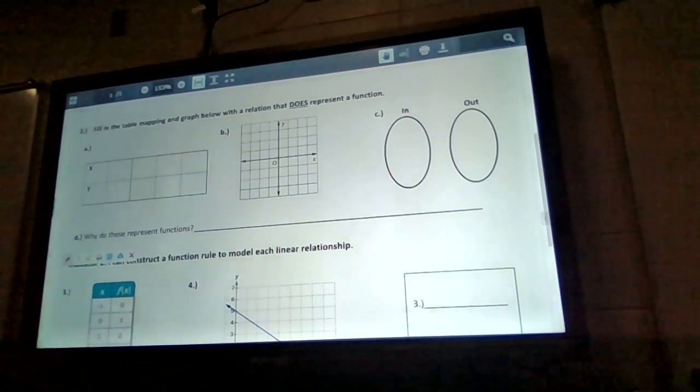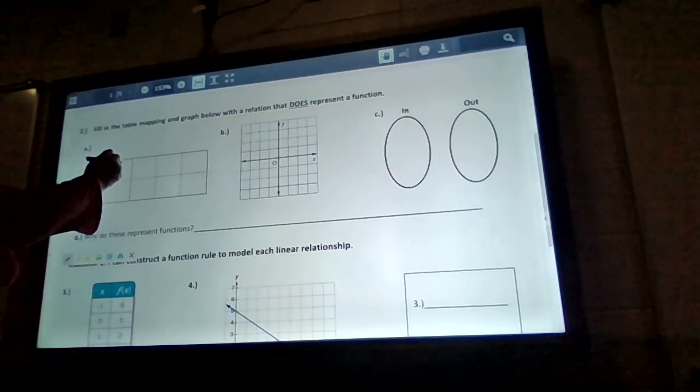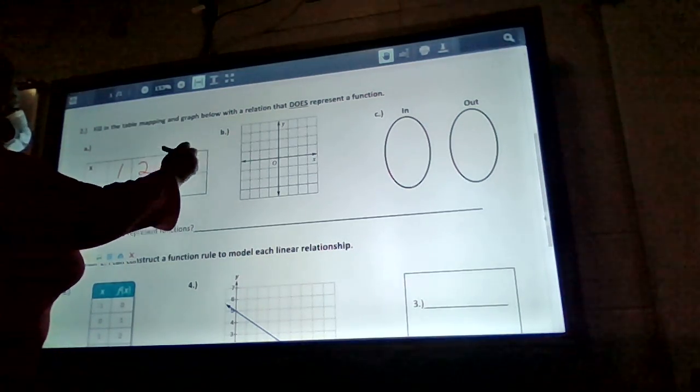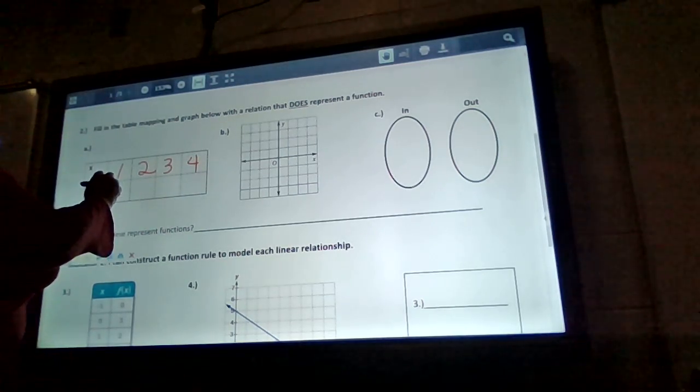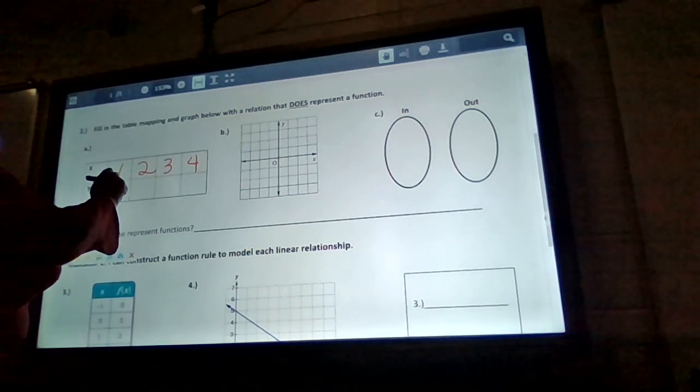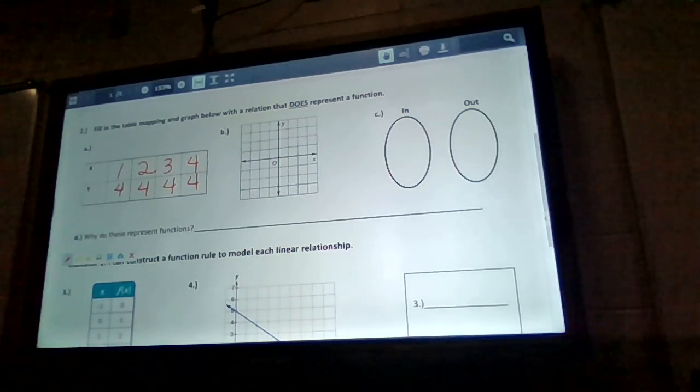Okay, so now this is something that does represent a function. And watch what I do. It's in line with what you answered first. This actually is a function, even though Y repeats.